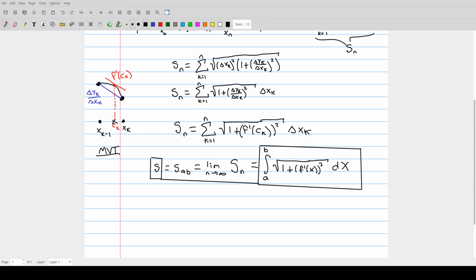It turns out that this gives us a procedure that we can use to evaluate the arc length along any function of x, no matter how complicated it is. If we can somehow evaluate this definite integral using the fundamental theorem of calculus or any of the many integration techniques that we've gone over, this gives us a procedure for solving for the arc length, the actual physical length along that function curve.